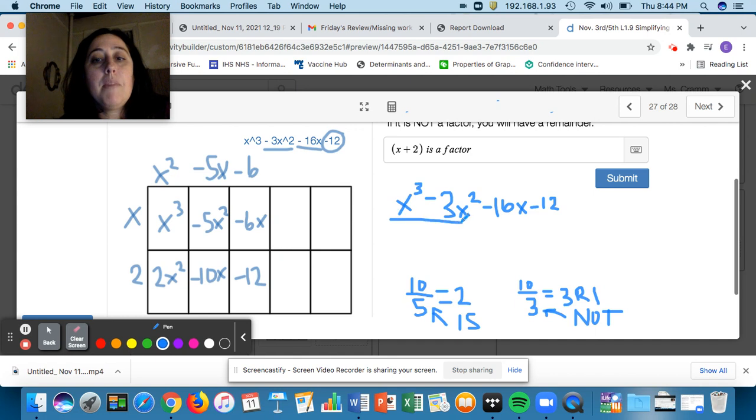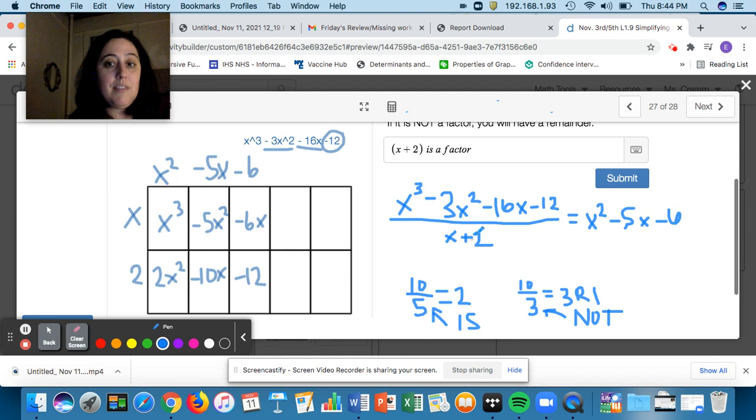It means that when you divide this by x plus 2, you would get x squared minus 5x minus 6. So you wouldn't have any remainders. If you multiply x plus 2 times this, you would get what's in the numerator, just like if you do 5 times 2, you would get the 10 in the numerator.